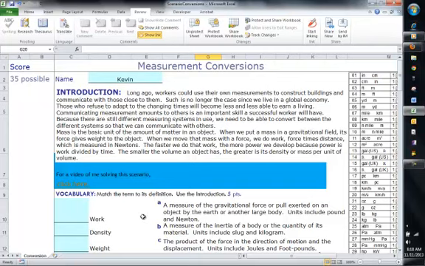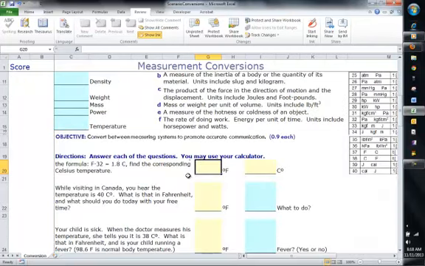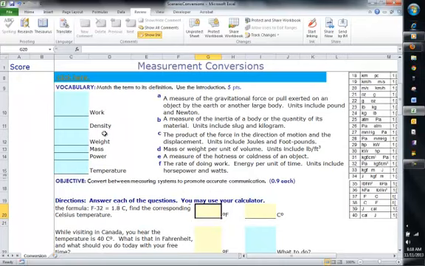Okay. The first thing we've got is a measure of the gravitational force or pull exerted on an object by the Earth or another large body. Units include pounds and newtons, and that would be weight. A measure of the inertia of a body or the quantity of its matter is mass.